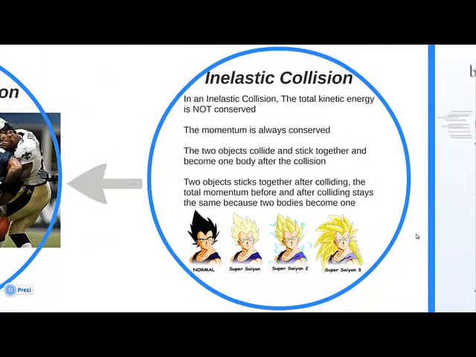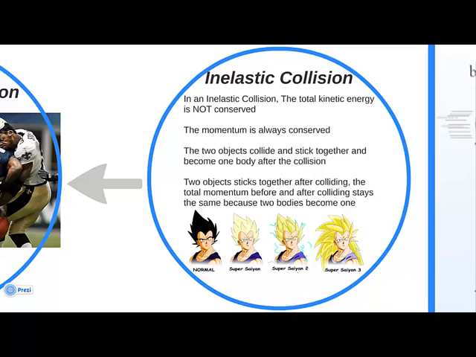In an elastic collision, the total kinetic energy is conserved, and the momentum is always conserved. In an inelastic collision, the kinetic energy is not conserved. Two objects stick together after colliding, so the total momentum before and after collision stays the same because two bodies become one.